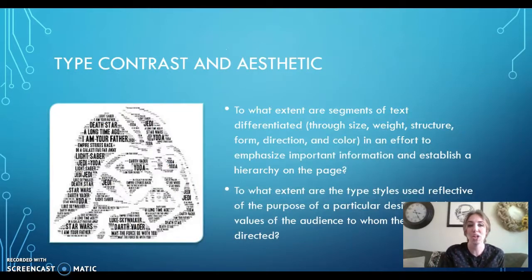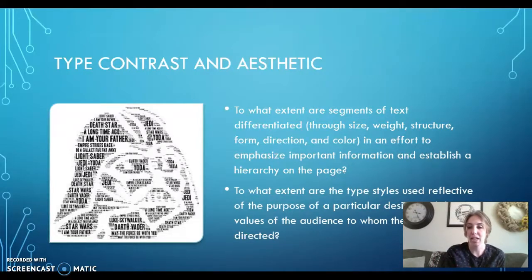Type, contrast, and aesthetic. In this category, we're looking for to what extent segments of text are differentiated, either through size, weight, structure, form, direction, and color, in an effort to emphasize important information and establish a hierarchy. We've been trained that the biggest thing is probably the most important thing, and so what is looking like it's most important in the image?